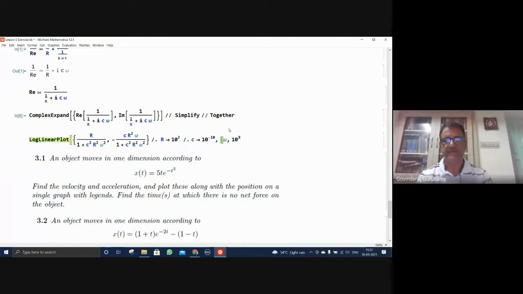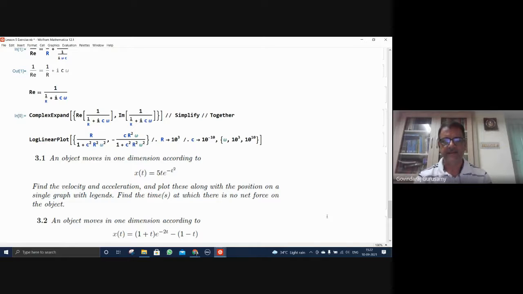I'll go to 10. How much is the order? 7 orders I covered, keeping in mind that the time constant RC is 10 power minus 8. That's 1 kilo. Okay, let me make a plot now.